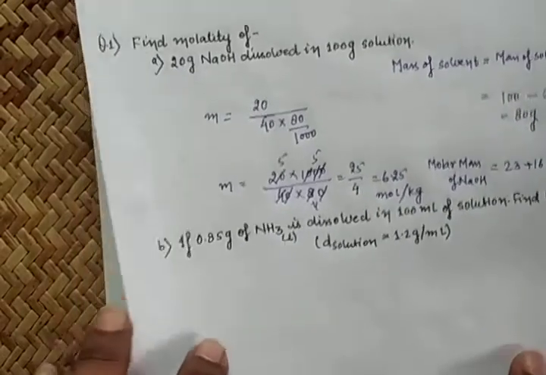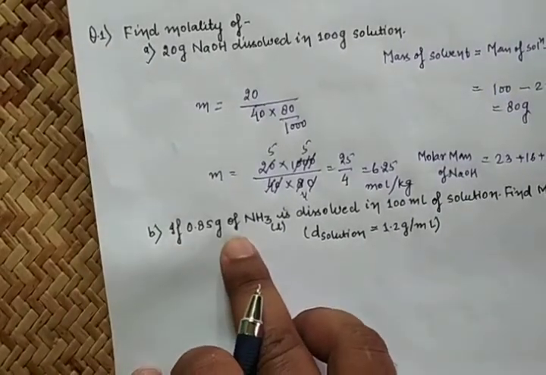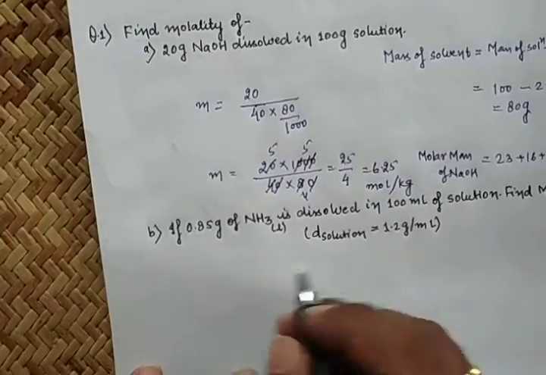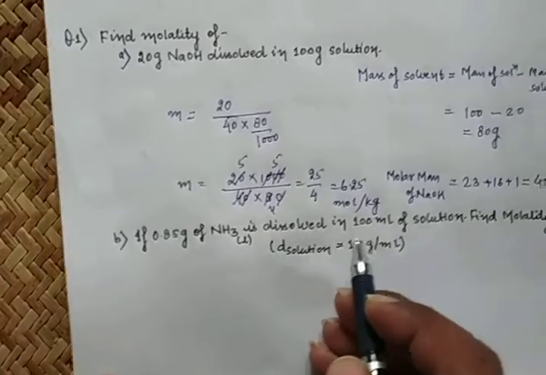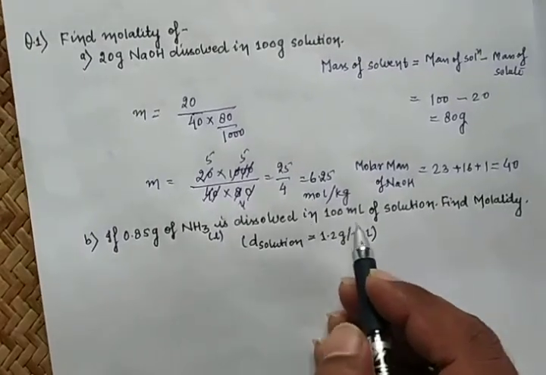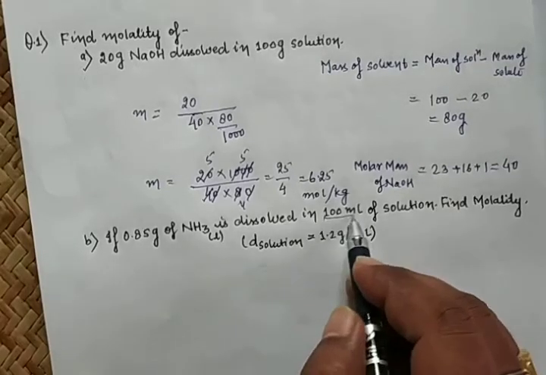Okay, now the next numerical. If 0.85 gram of NH3 is dissolved in 100 ml of solution, find the molality. So there is a volume.